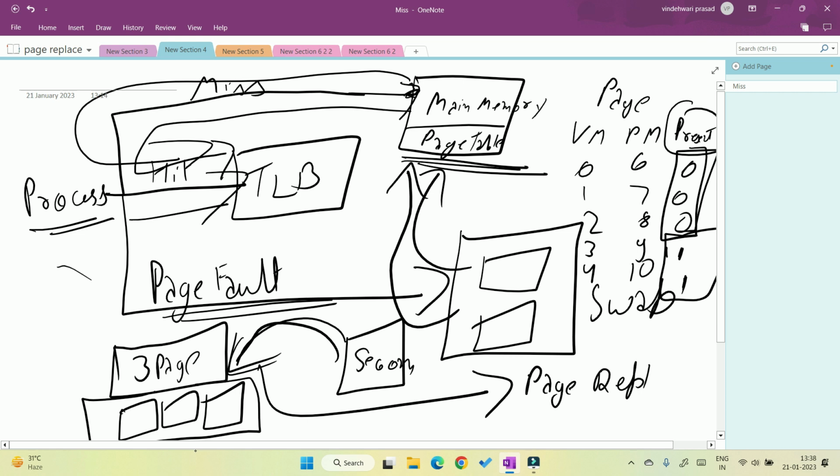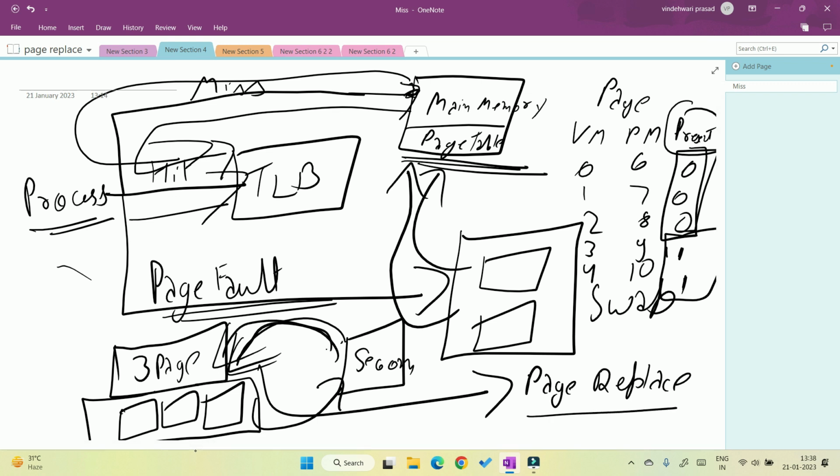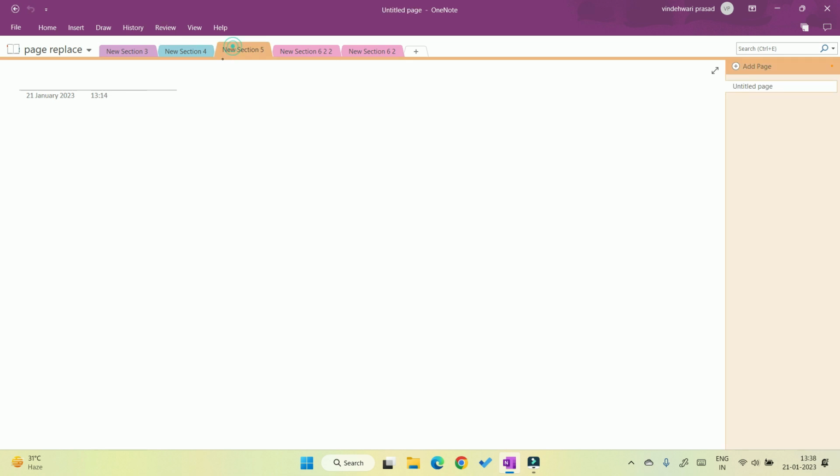We have to replace some page from the main memory to the secondary memory in exchange for one page frame from the secondary memory. But how does this happen? Which page will be moved? This happens with an algorithm called the page replacement algorithm. Page replacement algorithms.